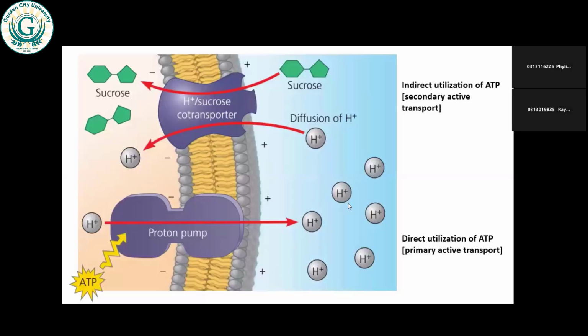Please, with the explanation of the... Hello? Yes, please, madam. Can you hear me? Yes, I can hear you. Please, you gave an explanation concerning the secondary active transport. You gave two examples where one molecule is being moved and then it takes another molecule along.